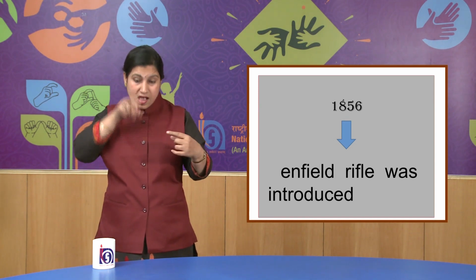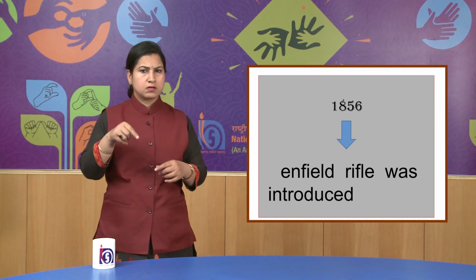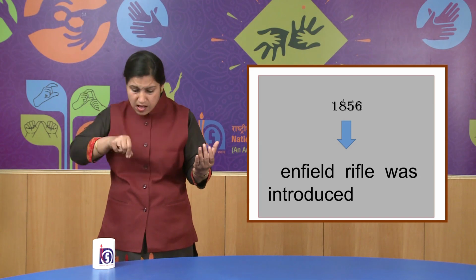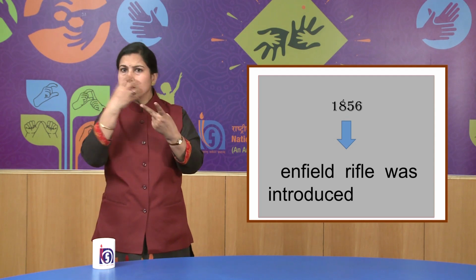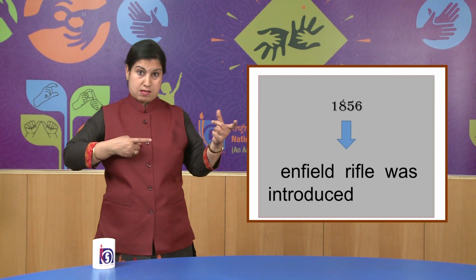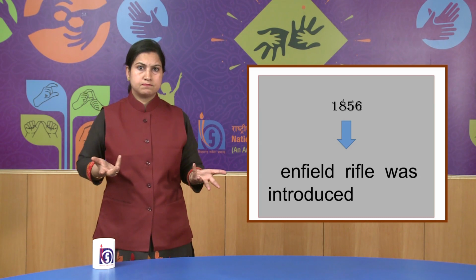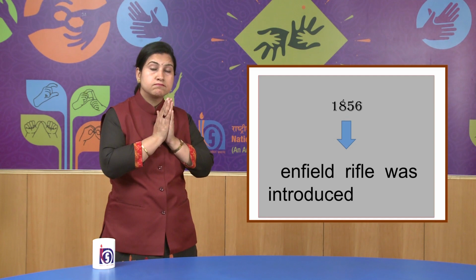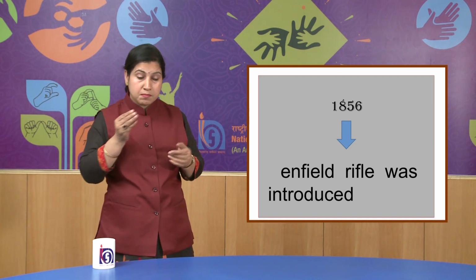In the year 1857, the soldiers came to know that the cartridge was made from parts of cow and pig. While the Hindus worship the cow, the Muslims consider pig as impure.